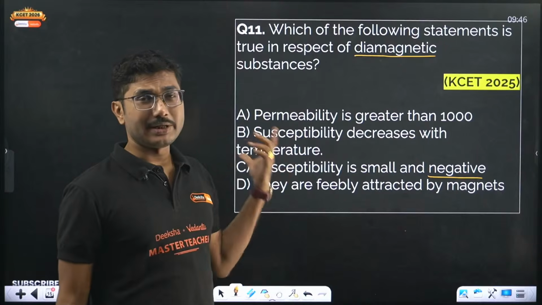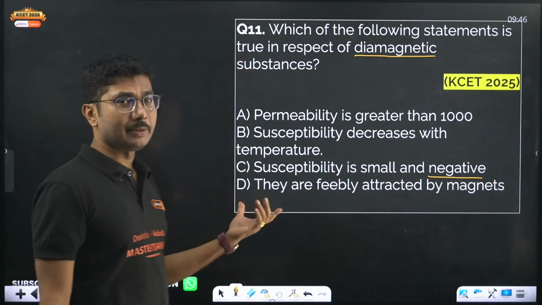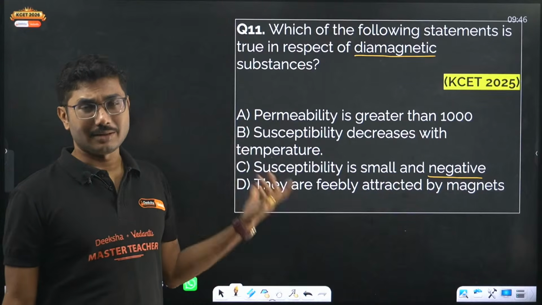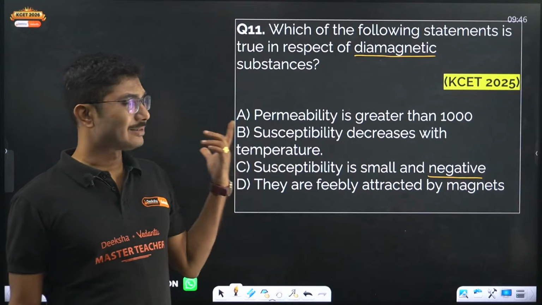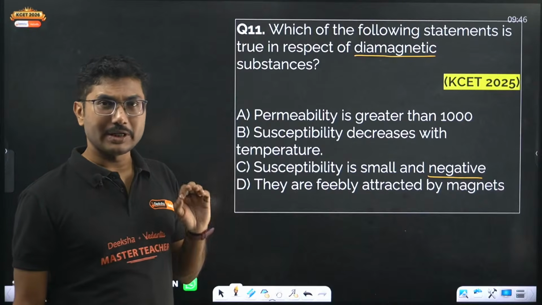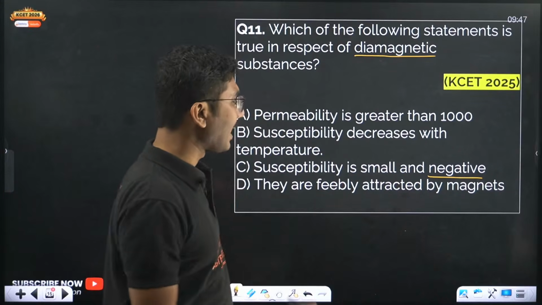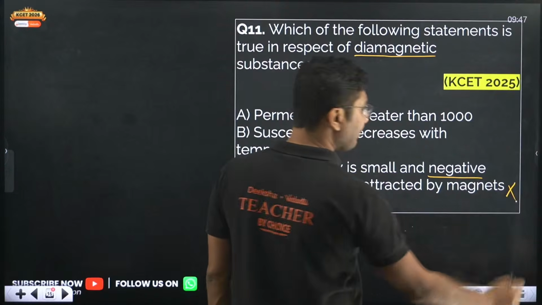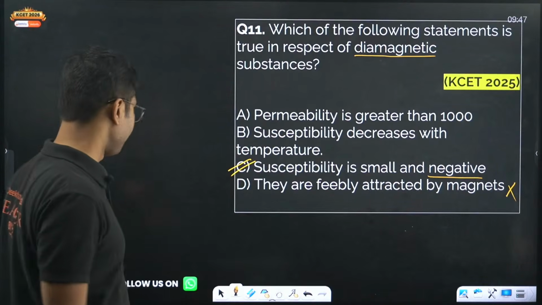Permeability is 1 plus susceptibility, so permeability is greater than 0 but a very small value. Both of them are very, very small. They are feebly attracted by magnets: this is not correct because they are feebly repelled by magnets. So the correct answer is option C over here.